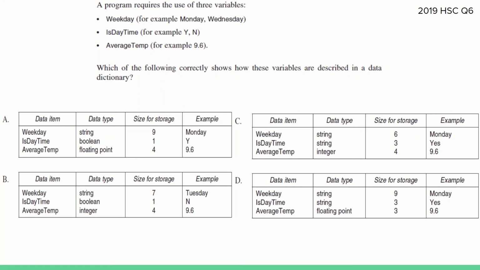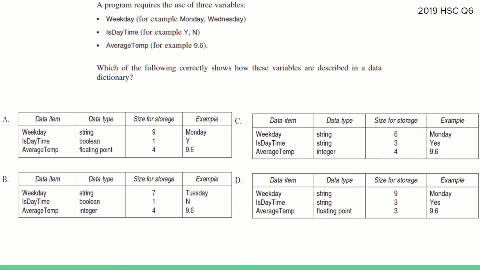So if we have a look at this, and don't cheat by looking at this one, of course Vikram's cheating. All right, so if we look at this, we want it to be a weekday, okay? A weekday is a word, so we want it to be a string. So every single one's a string. Next one is daytime, so yes or no. Do we want it as a boolean or a string?